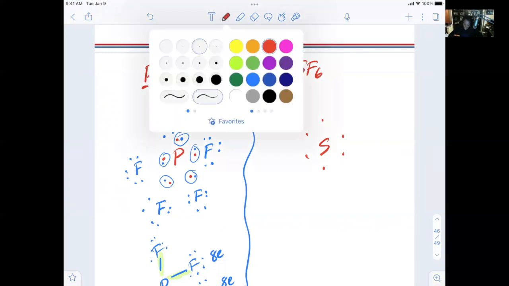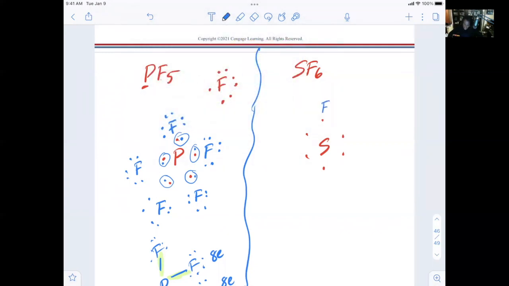Okay, I'm going to shortcut this process now and put the fluorine here, each with 7 electrons, all six fluorines around the sulfur. And each of these then become a bond, a bond, a bond, a bond, a bond, a bond.